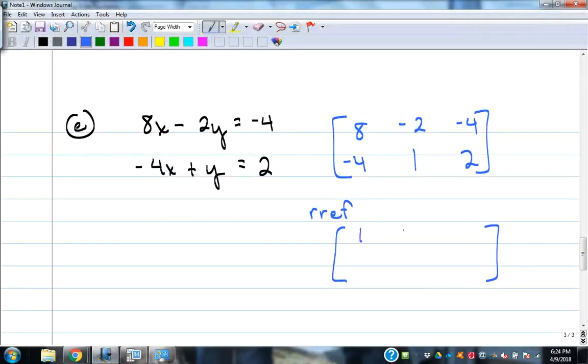We got 1, -1/4, -1/2, and then that bottom row is all zeros. The bottom row tells the tale. If the bottom line is all zeros, no matter what size the matrix is that we solve, if the bottom row is completely zeros all the way across, that right there tells us that there's infinitely many solutions.